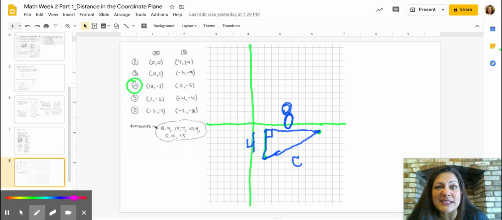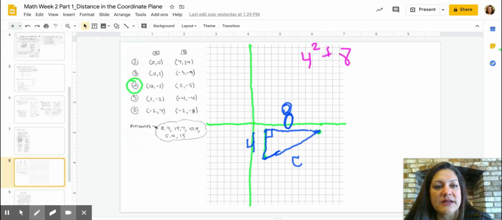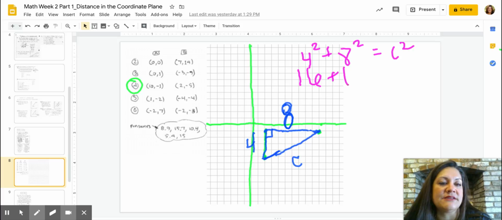Pretty easy, right, guys? Once you get in the swing of things. A squared plus b squared equals c squared. 16 plus 64 equals c squared. 16 plus 64 is 80. Is that right?